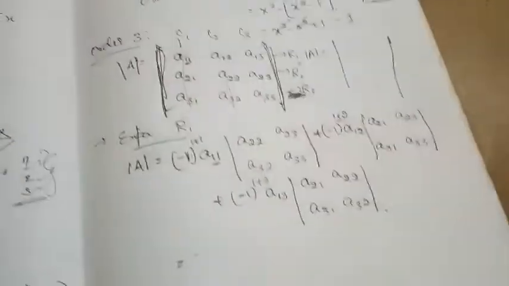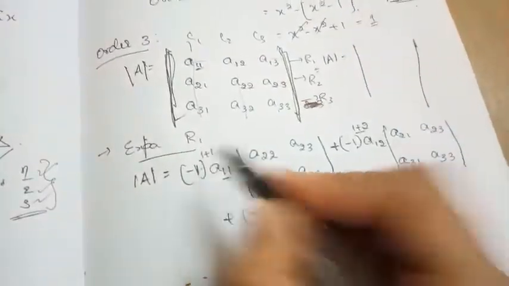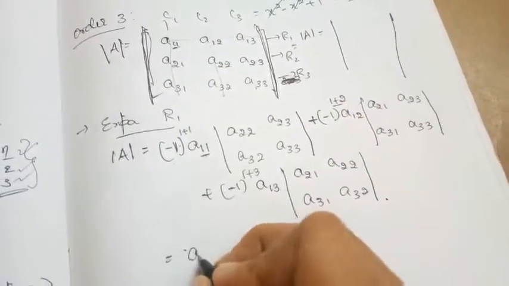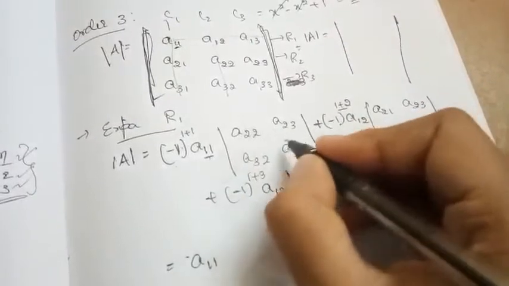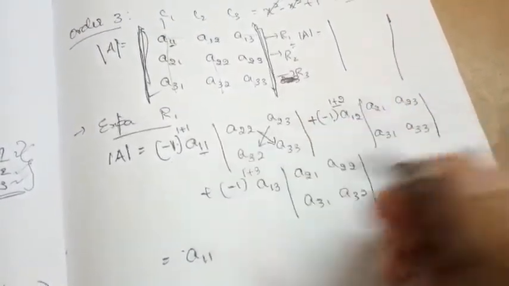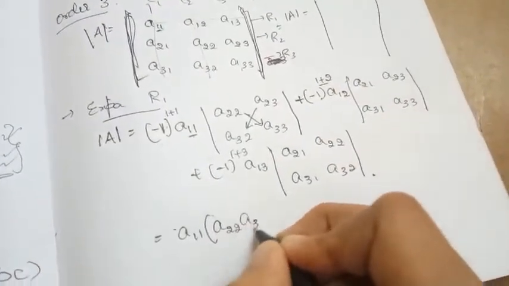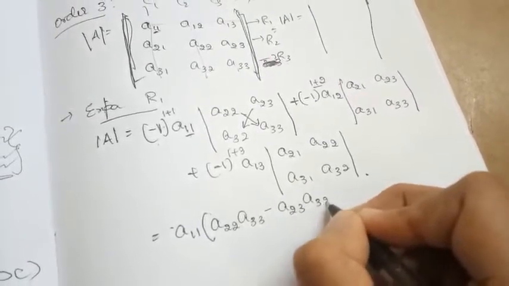Now we are going to solve this equation and get the determinant value of the matrix A. So minus 1 to the power 1 plus 1, it is even, so minus 1 to the power even number is positive, it is itself A11. This is a determinant of order 2, which is already known to us and very easy: A22 into A33 minus A23 into A32.